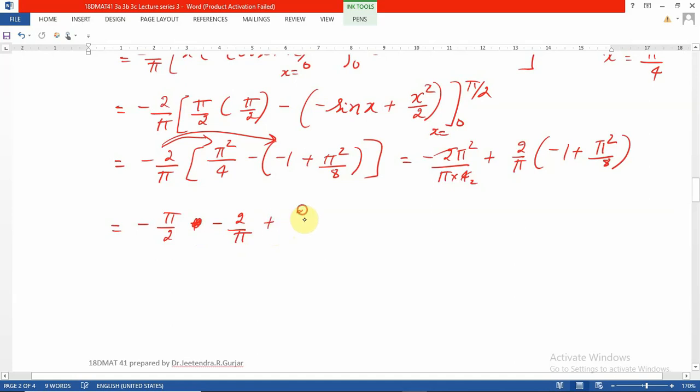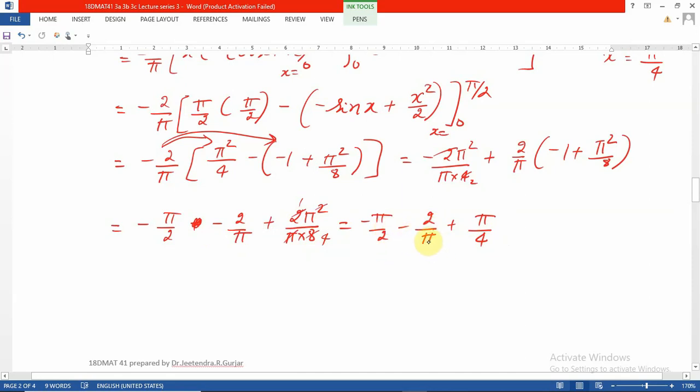Then this is plus again 2 pi square upon pi into 8. If you want to simplify, 2 1s are 2, 4s are, you will get 1, pi will get cancelled. Therefore this is minus pi by 2 minus 2 upon pi plus pi by 4. Yes, friends, if you want to simplify, see, this is minus pi by 2 and minus 2 upon pi.